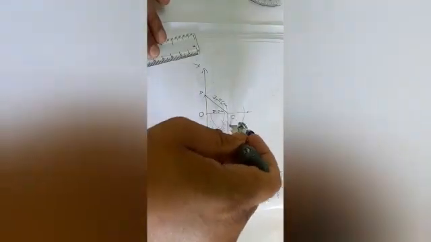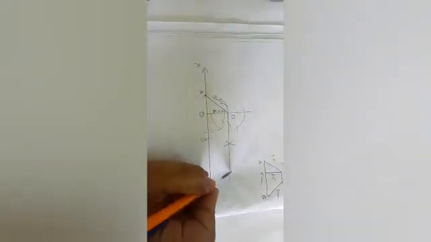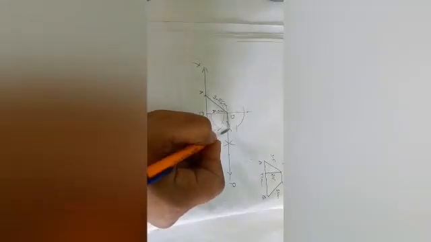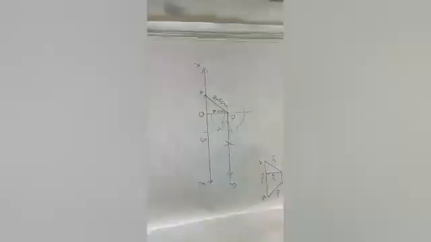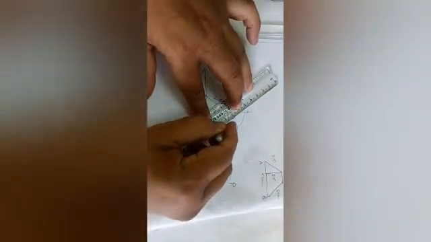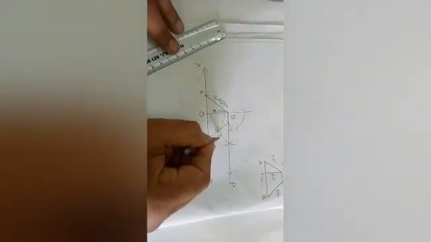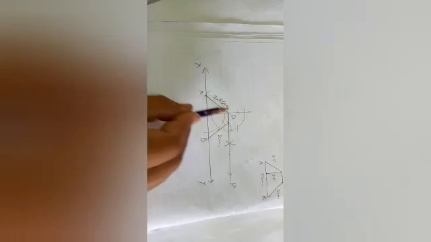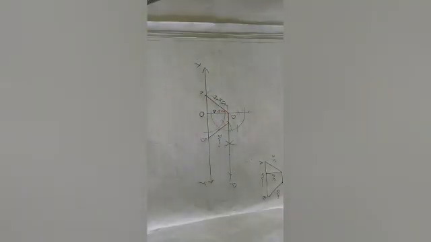From point B, cut an arc on the line through D. It will cut at a point, name it point C. Then join CB and write over here 3 centimeter. Thus the trapezium ABCD is formed. Is it clear?